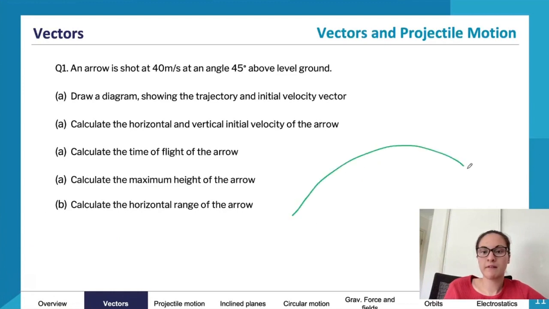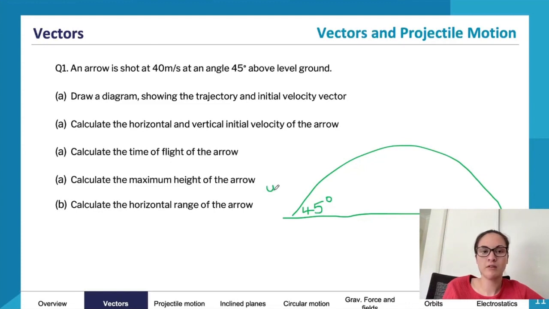So we're going to say it goes up like that. Alright. Yeah. So we've got 45 degrees it was shot at. And the initial velocity, so just a U, because they're not giving us a vertical or a horizontal component, is 40 meters per second.